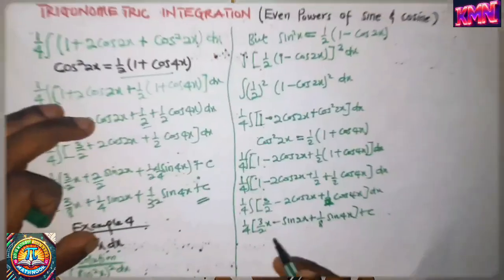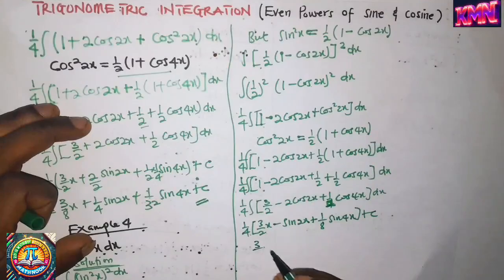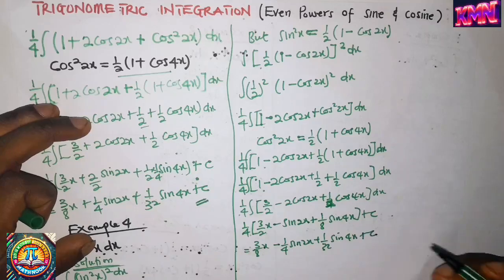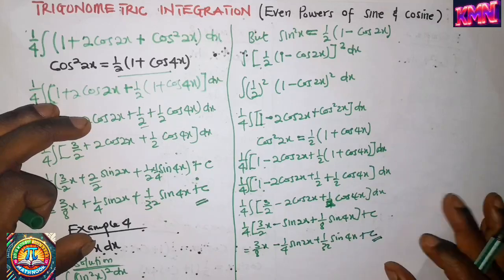Going through by the 1/4, we're going to have 3/8 x minus 1/4 sine 2x plus 1/32 sine 4x plus c, and that is the answer for that one too.